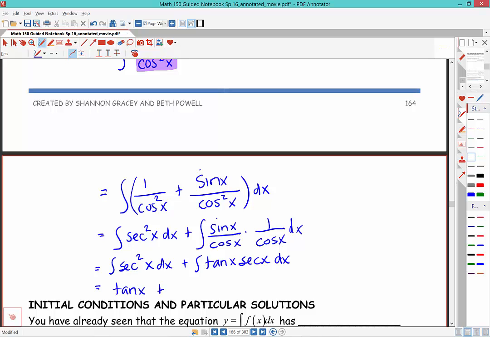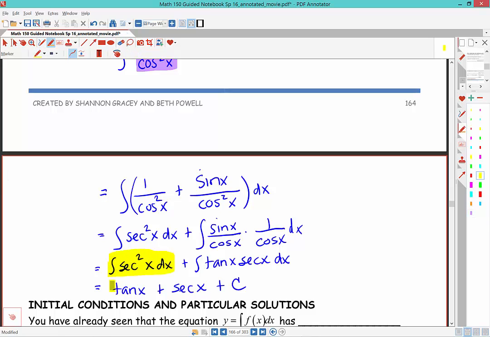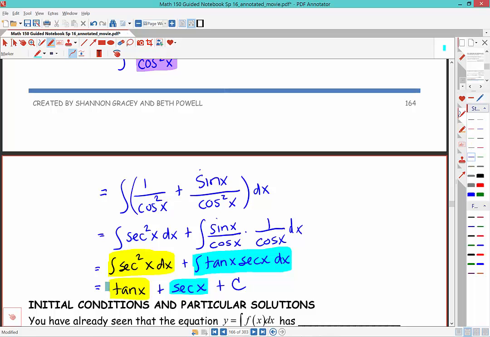Tangent of x times secant of x is the same as secant of x times tangent of x, so that'll have a result of secant of x plus our constant of integration. So this guy here had this result, and this guy here had this result. All right? Doing okay so far?